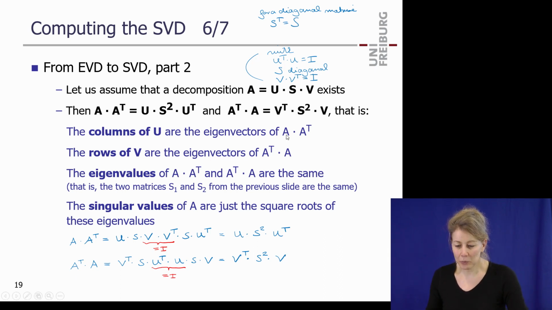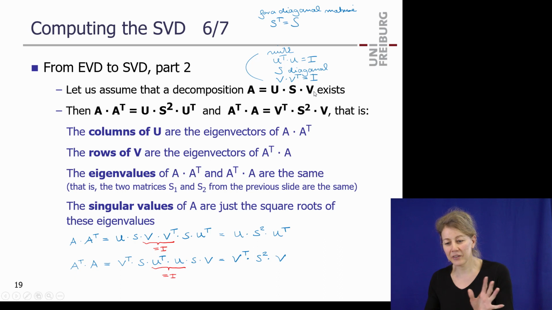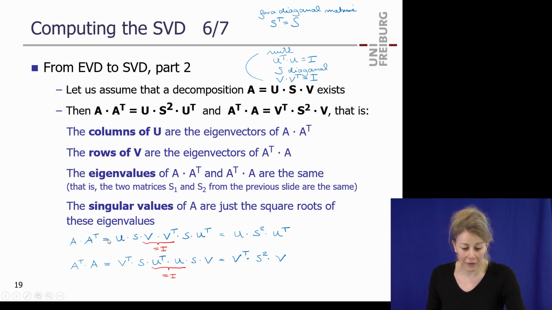Yes, and this proves that if something like this exists, the eigenvalue decompositions give it to you. Then the matrix U from the singular value decomposition is just the eigenvectors from this A times AT, and this is also how you do it for the exercise sheet.